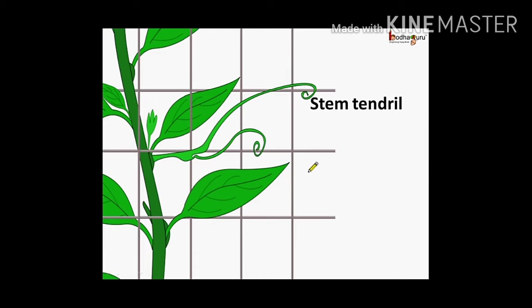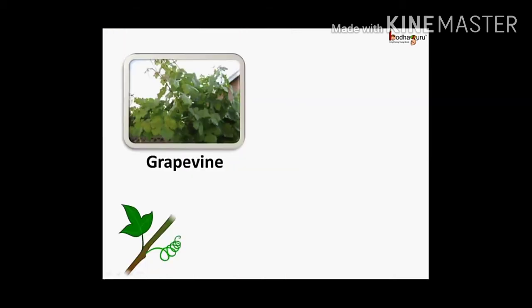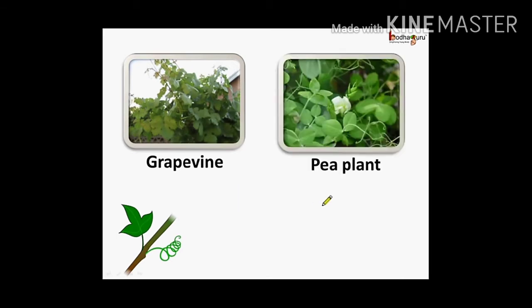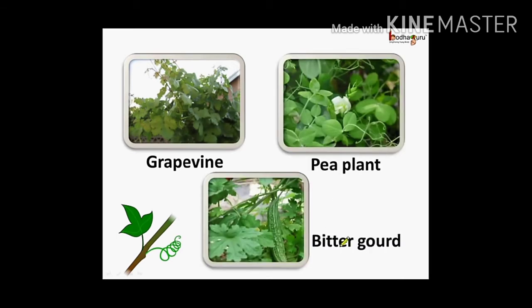In certain plants, the stem gets modified into thin tendrils which are used for climbing or holding on to a support. For example, in the grapevine, pea plant and bitter gourd plant, the stems get modified into tendrils which are used for climbing on the support.